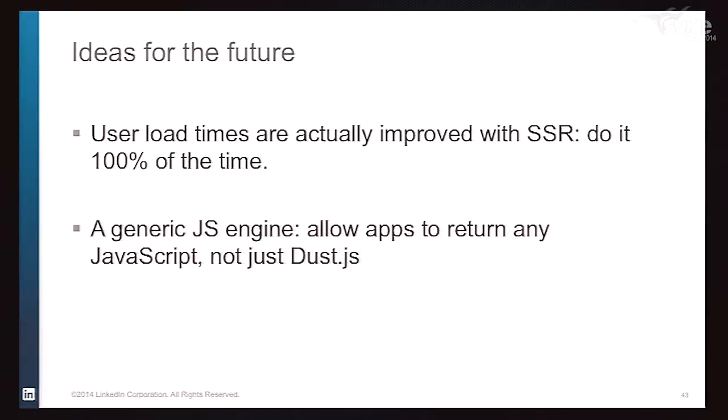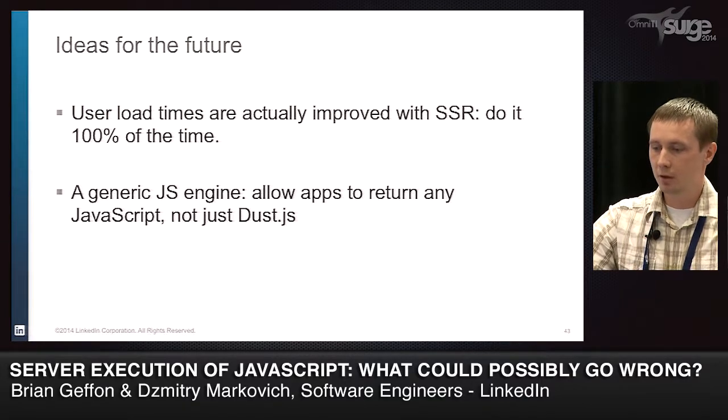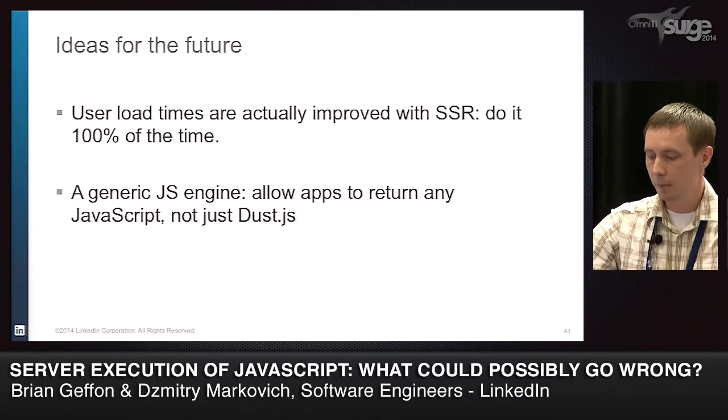So, ideas for the future. What is the current state? We ramped many pages to use this server-side rendering, where one of the big customers within the company is Profile. Based on today, 70% of our requests go through this.